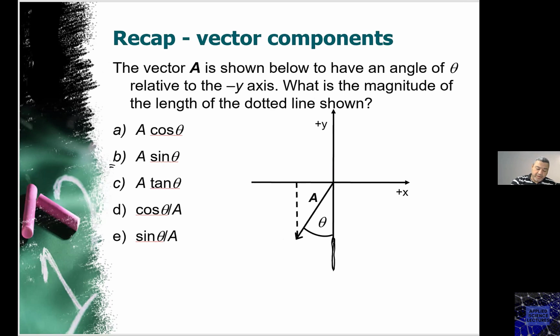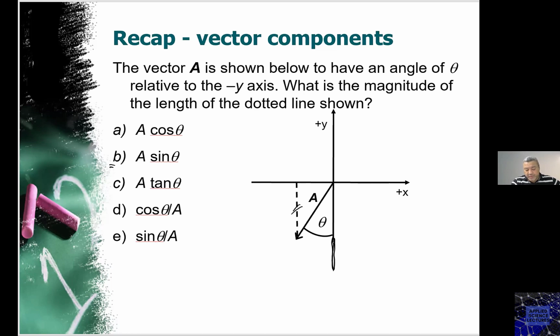B. Why B? It's B because theta is not the angle within the triangle, but it's outside of the triangle. Well, you were tricked easily.